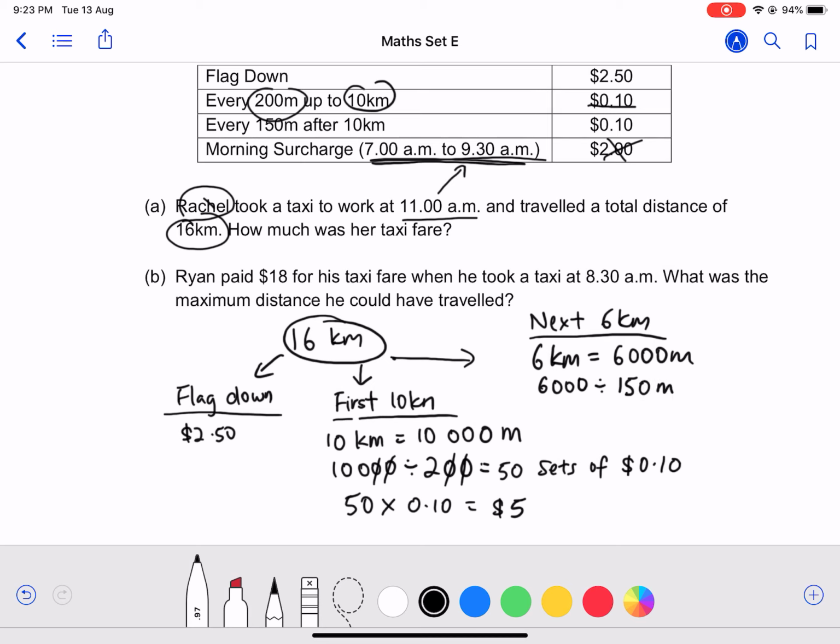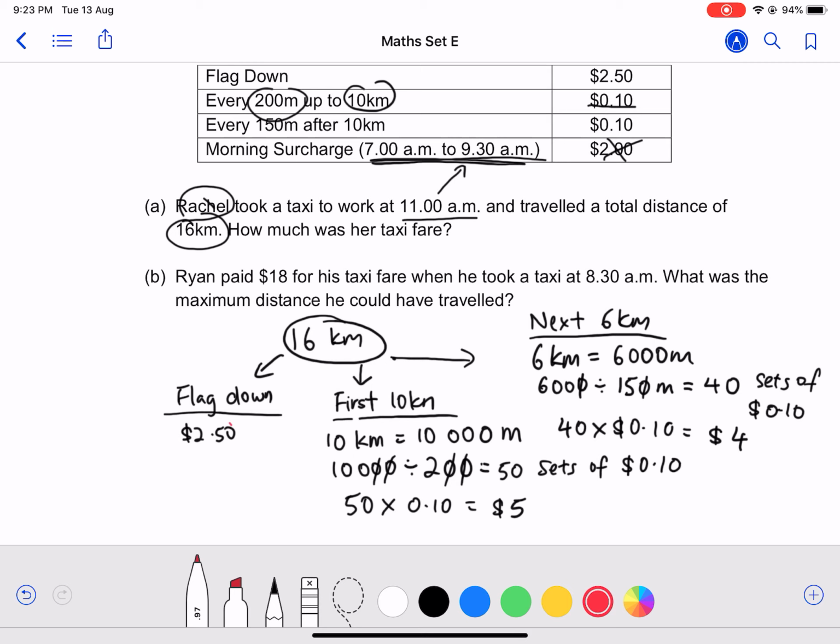So we are trying to find how many 150s there are. Okay, so that's actually about 40 sets of 10 cents again, which is $4.